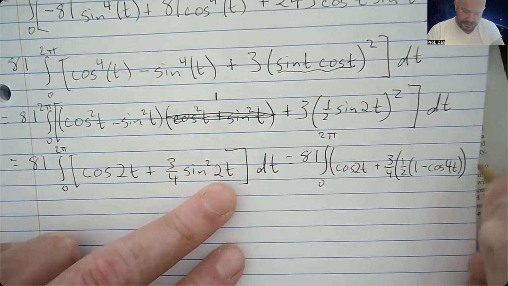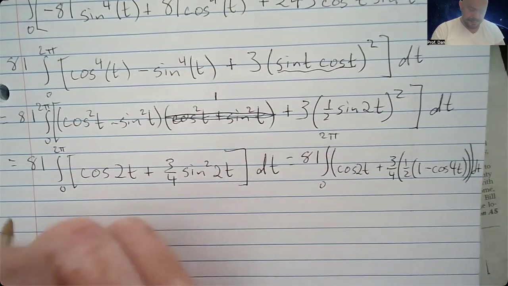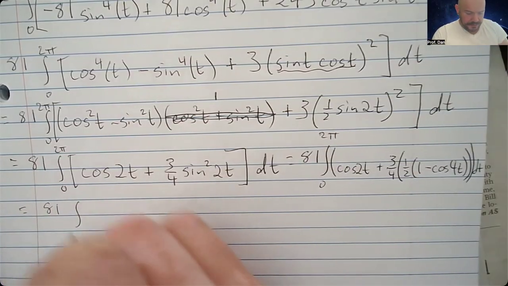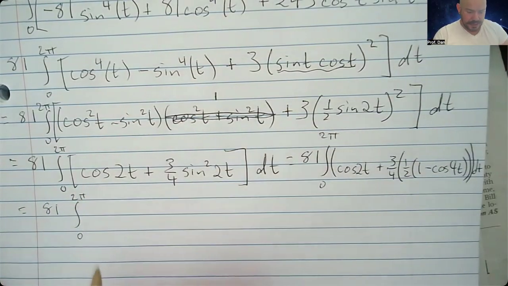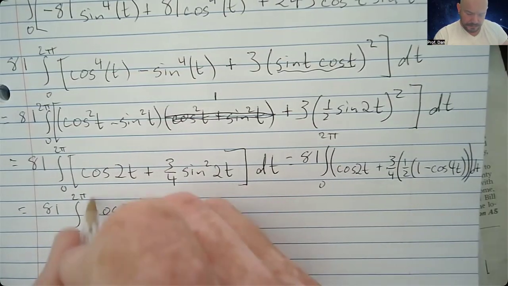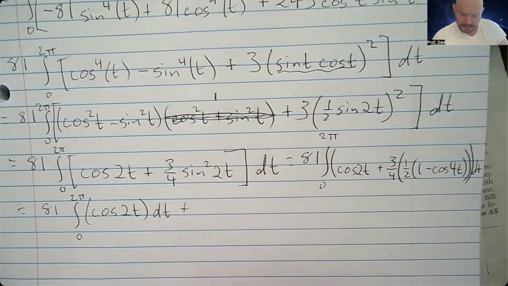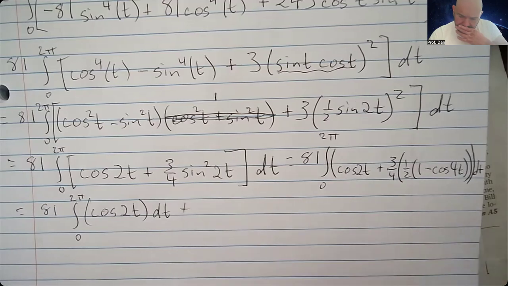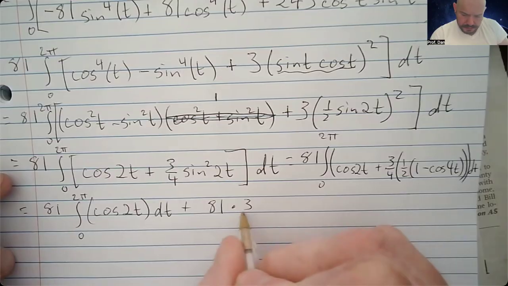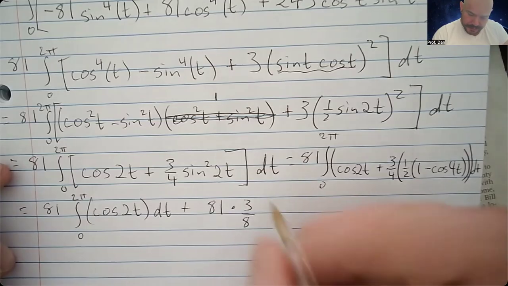So 4t now. And at this point, it's perfectly fine for me to split this into two separate things. All right, and the 3/8 comes from multiplying 1/2 times 3/4.